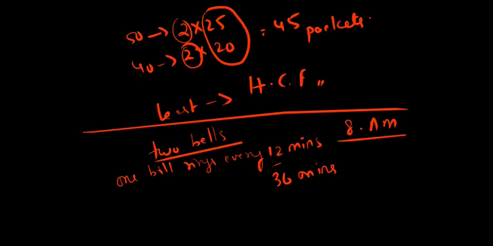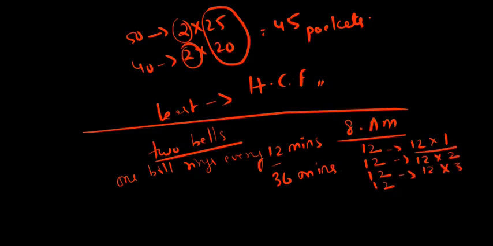Starting from 8 o'clock, 2 times 12 minutes, 3 times 12 minutes, 4, 5, 6 times 12 minutes, like that. This is 8 a.m., and after the next 12 minutes there will be one bell.